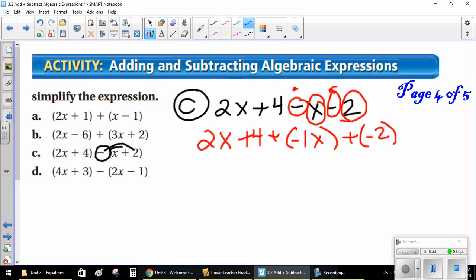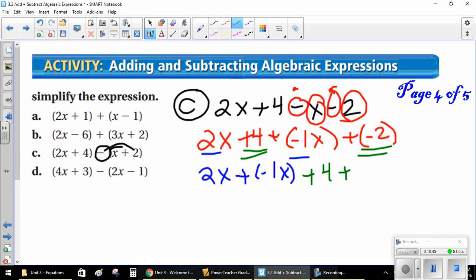Now what I'm going to do is take my variables and write them together. So 2x plus negative 1x. And I'm going to take my constants and write them together. So plus 4 plus negative 2. Now from here, I'm going to combine my variables.